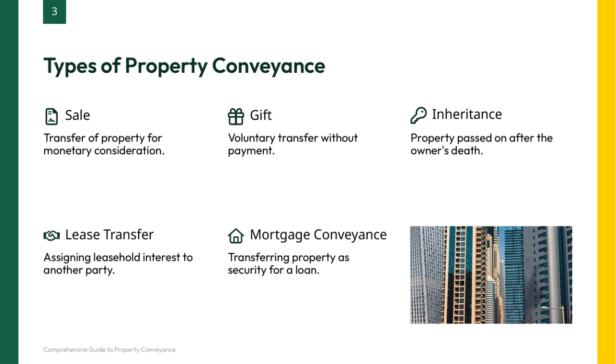Another type is lease transfer, where the leasehold interest, the right to use the property under a lease, is assigned to someone else. Lastly, mortgage conveyance is when property is transferred as security for a loan, essentially using it as collateral. Each type serves different purposes, but all are fundamental ways property ownership or rights can change hands.